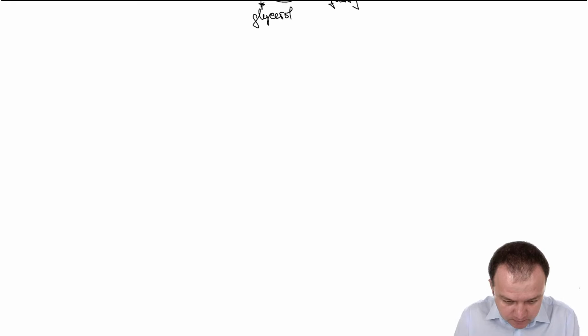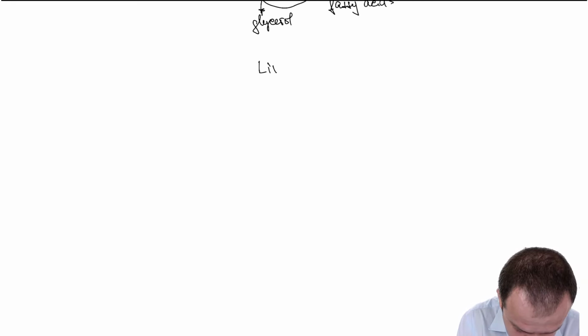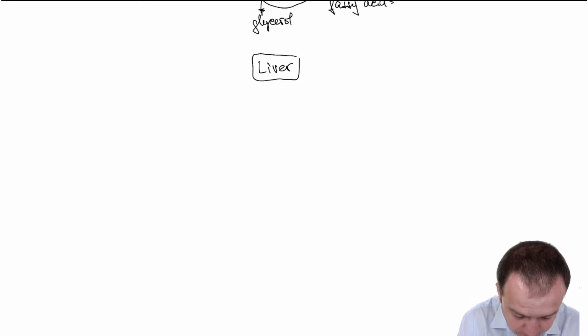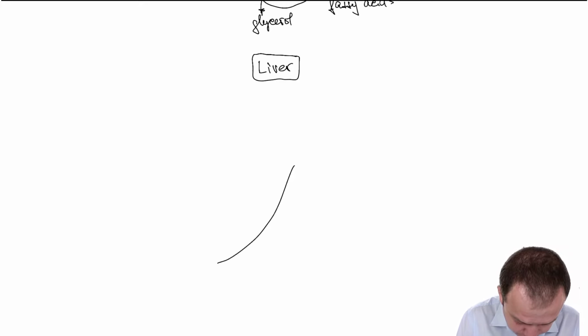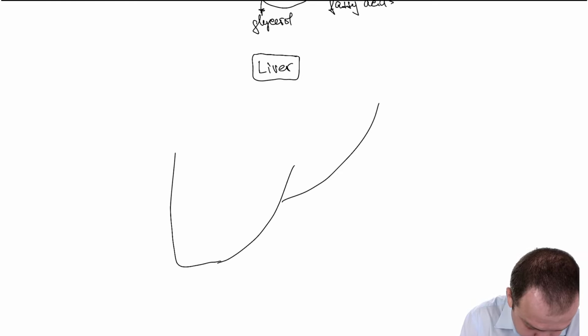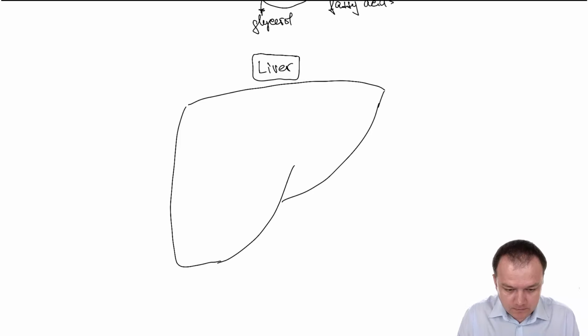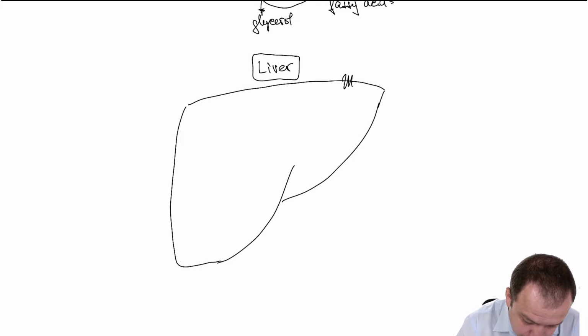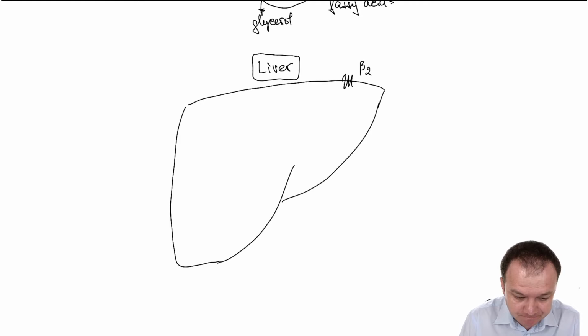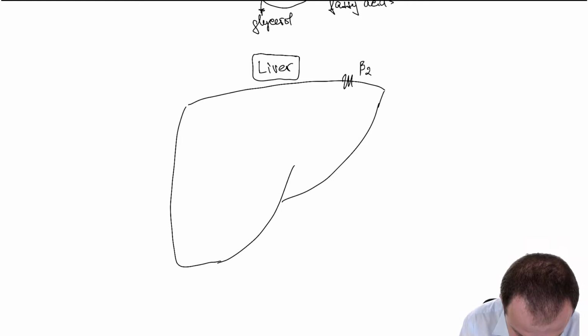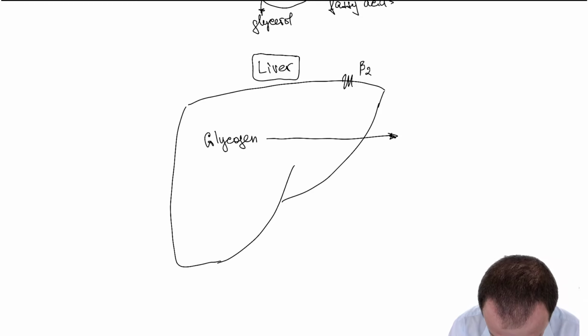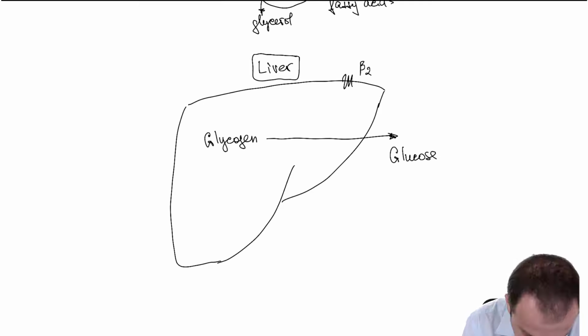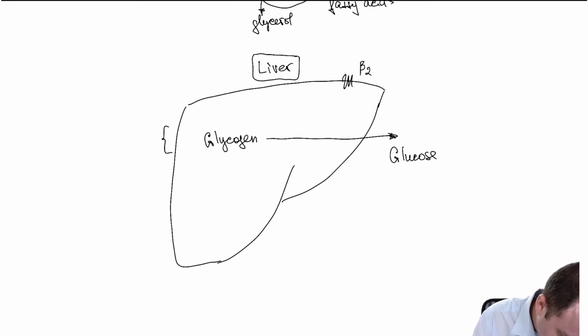Also, a few words, let's say, about liver. Inside the liver, we have beta-2 receptors, and you know that liver is a storage of glycogen, and we have breakdown of glycogen and getting glucose, and this process is called glycogenolysis.